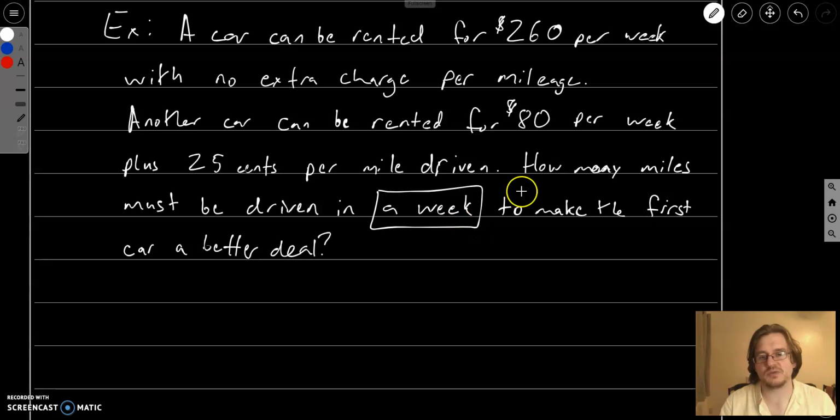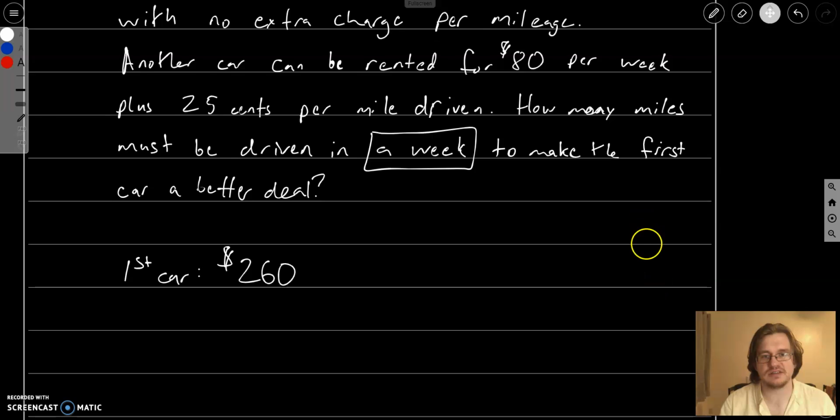So throughout all of this, we're just going to be driving a car for a week, and we want to know which one is going to be a better deal based on how many miles we drive. So $260 per week with no extra charge for mileage. So the first car is going to cost $260. And that's it. For that week, the first car will only cost $260.